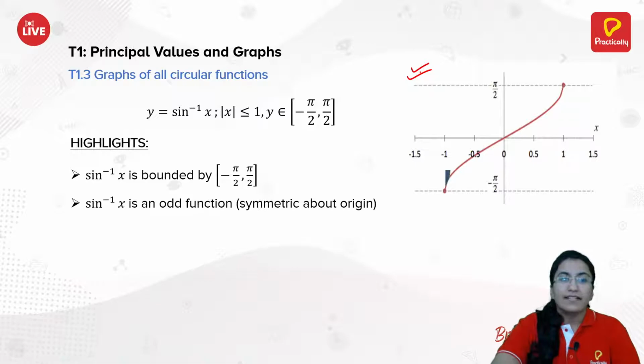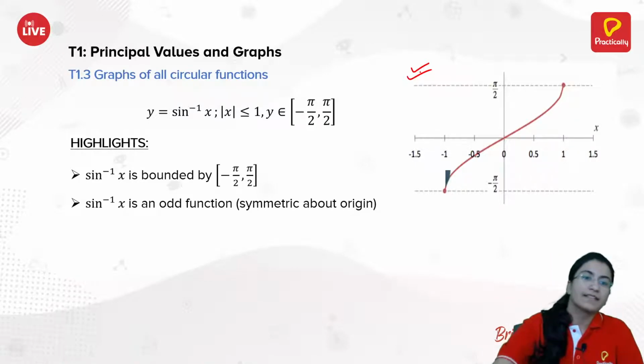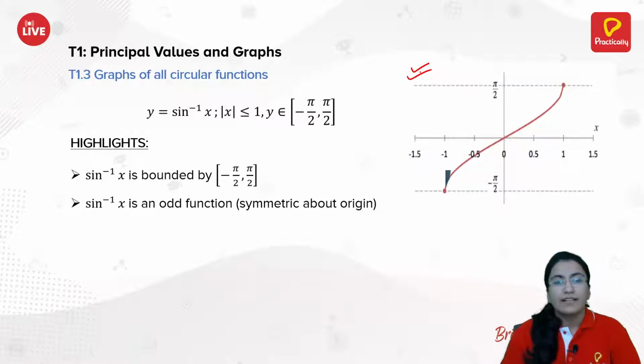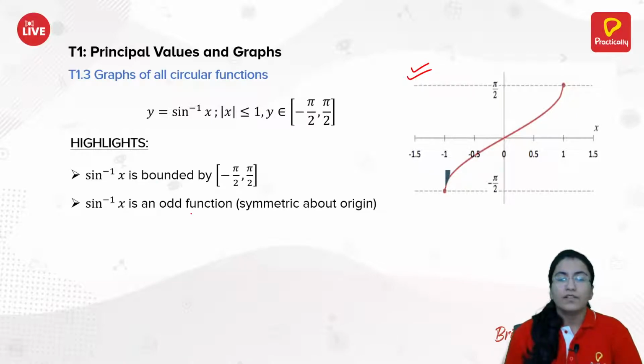Next, sine inverse x is an odd function. The property goes something like for sin x, or for any of the trigonometric functions, inverse properties go similar to it, right? So if it is an odd function, that means it is symmetric about the origin, right?